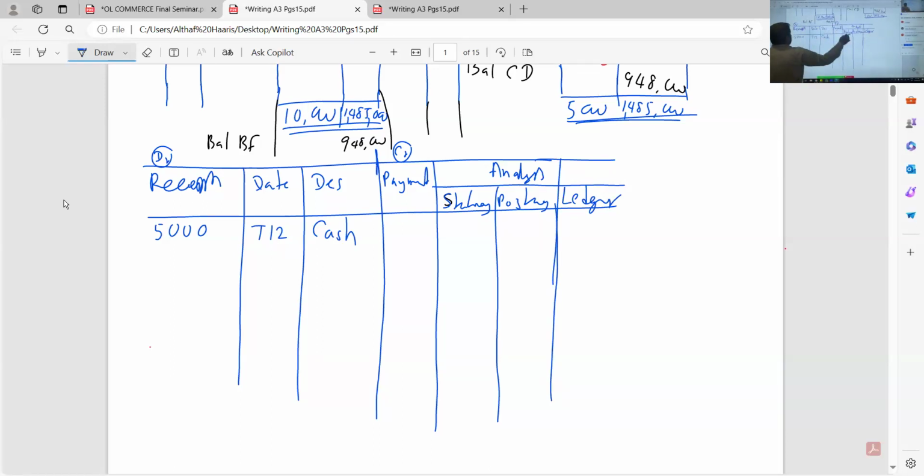So let me take the values. Stationery, postage. Then we had Mr. A. Then carriage inwards.